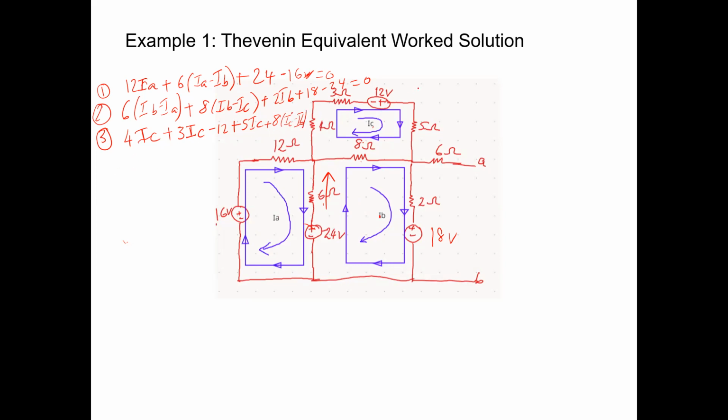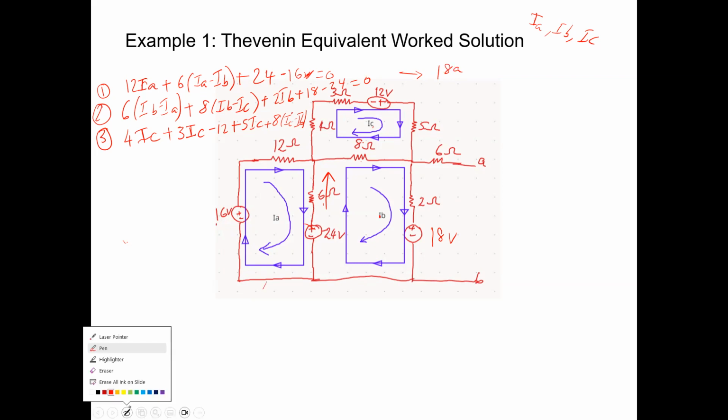So from that we can rearrange. Equation 1 we can rearrange in the form of IA, IB, IC. So now here 12 IA plus 6 times IA, so that is 18 IA. And then minus 6 IB.